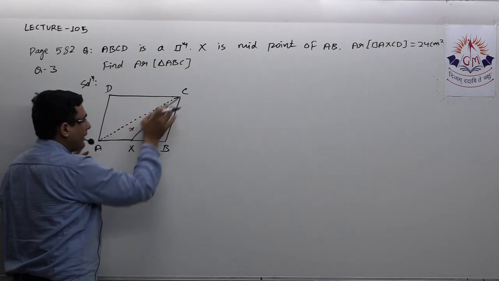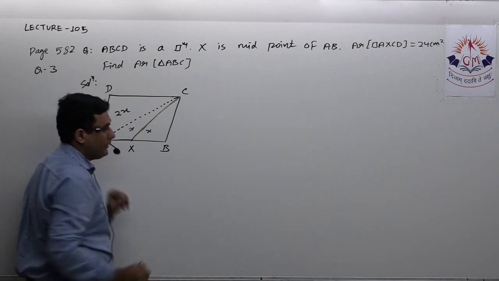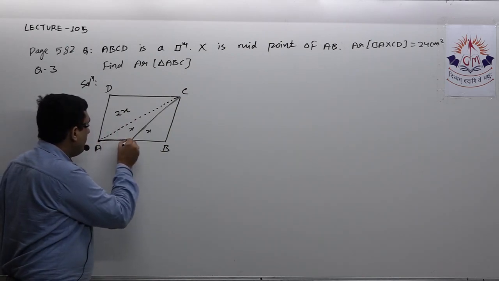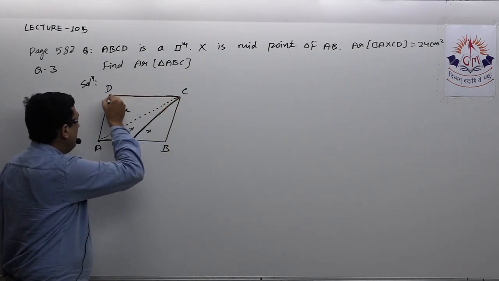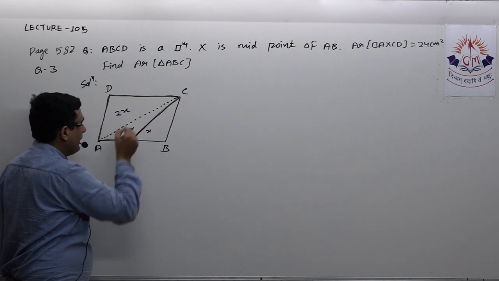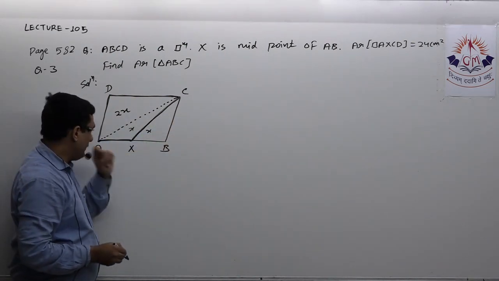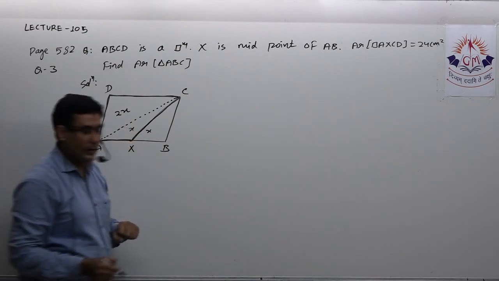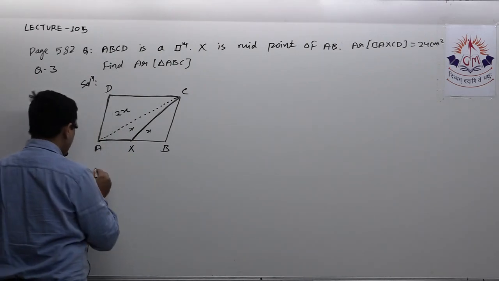Now in terms of x, ABC is 2x. Now the area of quadrilateral AXCD in terms of x is 2x plus x, 3x, and 3x is equal to 24. That gives you the value of x, and after getting x, it is easy to get the area of ABC. So let us see how to solve it stepwise.